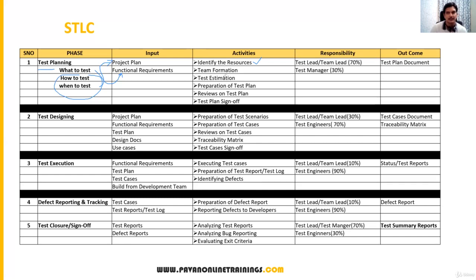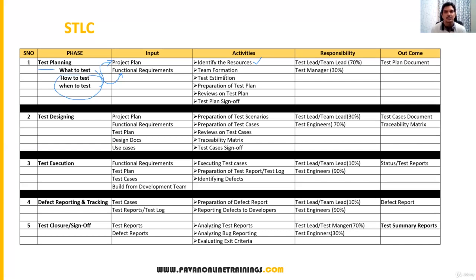Test estimation. What does test estimation mean? We estimate the time for testing. Suppose I say it is a 3-month project, which includes software requirement analysis, design, coding, testing, deployment, everything.